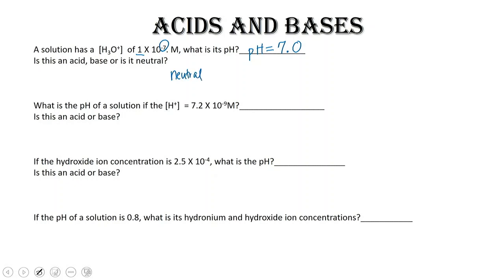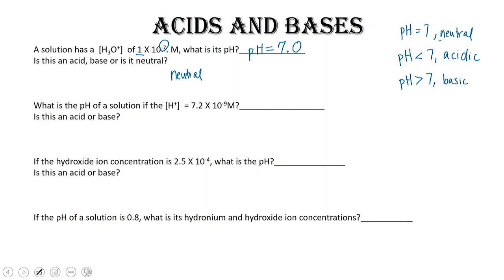So a pH of 7, that's neutral. A pH that is less than 7 is acidic. And a pH that's greater than 7 is basic.